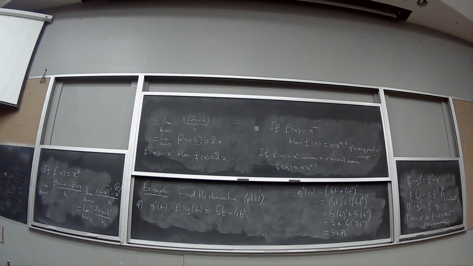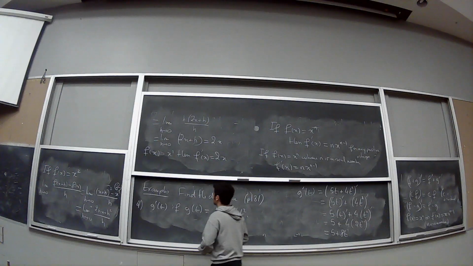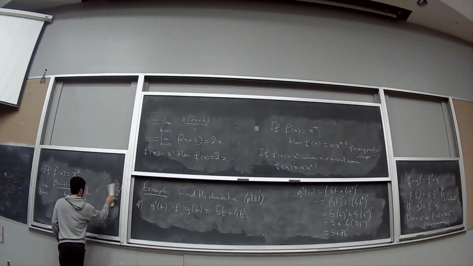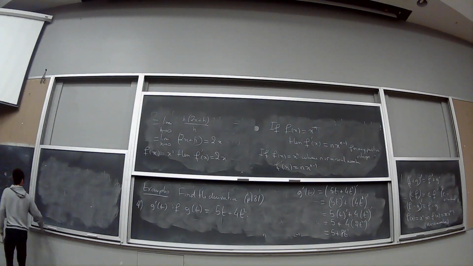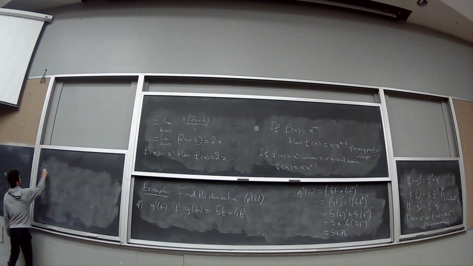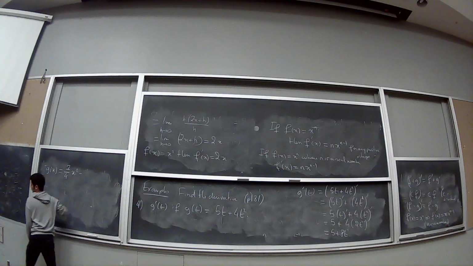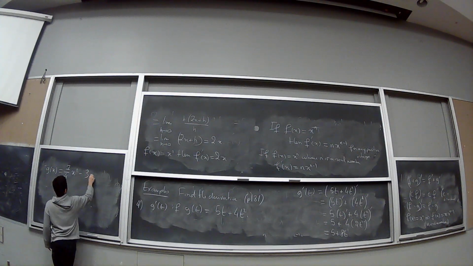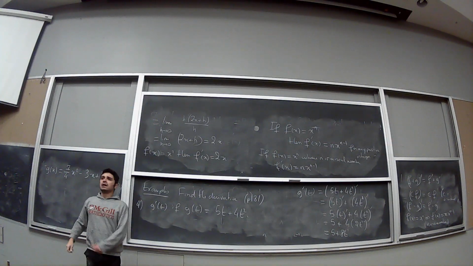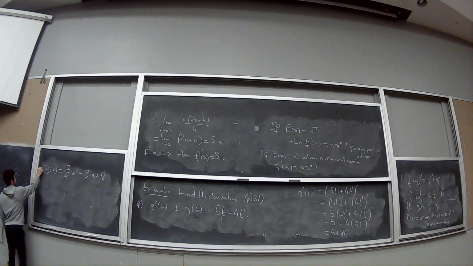7/4 x squared minus 3x plus 12. Let's find this derivative.